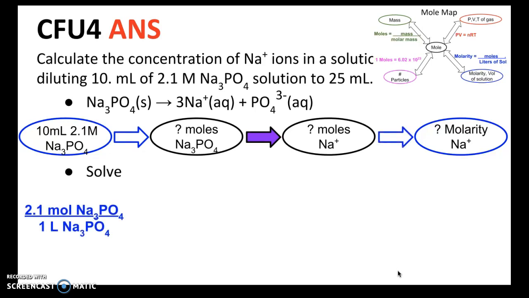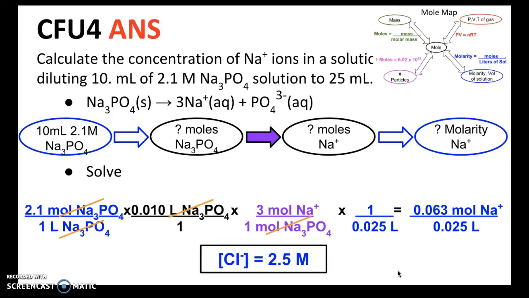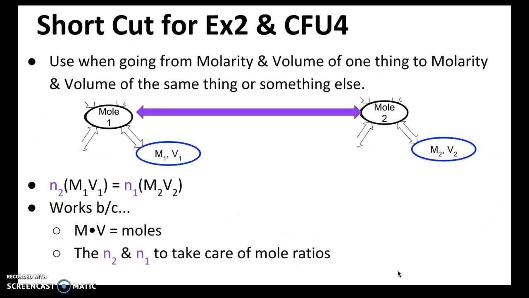And again, this is sort of what the work would look like using dimensional analysis. Maybe you choose to do something different. All right, and you should get a concentration of 2.5 molar.